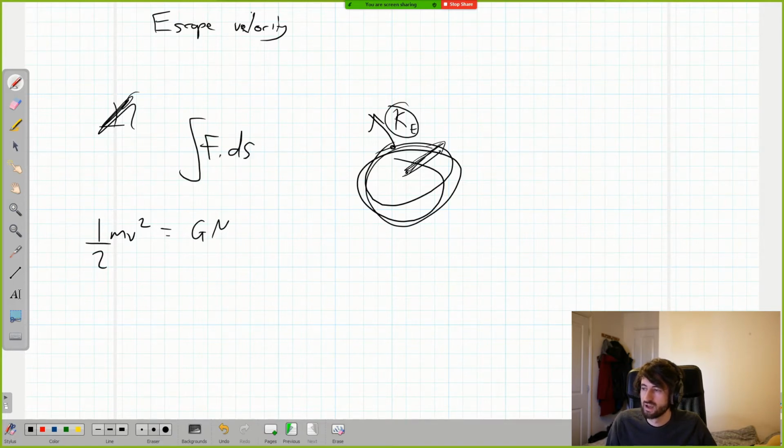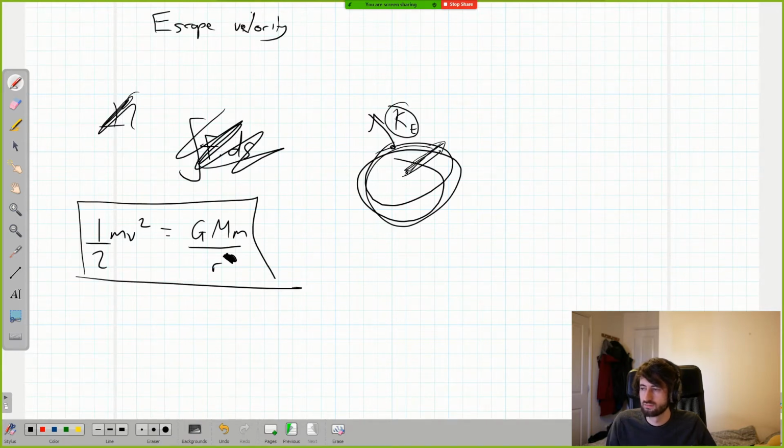So we've got GMm over r squared, but it's going to end up getting multiplied by r. I think I've already taught you this, but that's the potential, it's got another r in it. So we put these equal to each other. I don't really have time to fully go into that, but I think we did it before. That is your escape velocity.